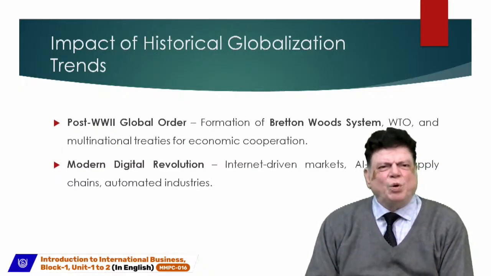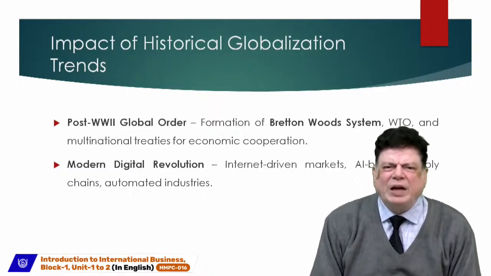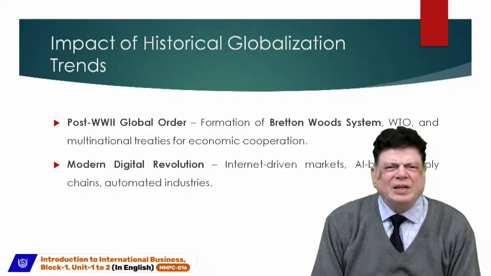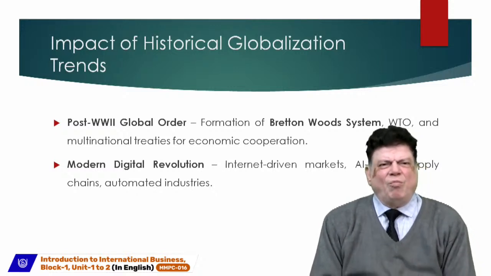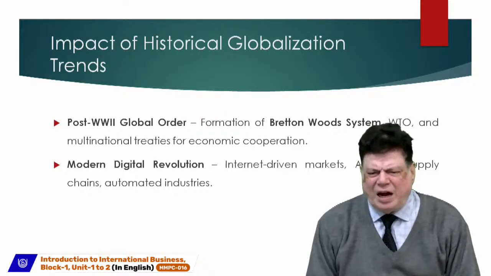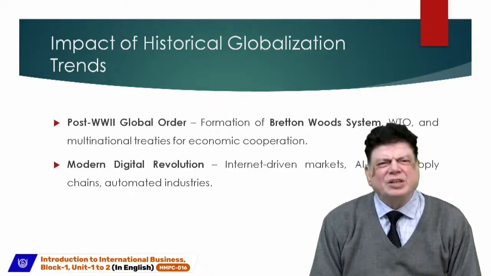Next is post World War II global order, formation of Bretton Woods system, WTO, and multinational treaties for economic cooperation. Modern digital revolution, internet-driven markets, artificial intelligence based supply chains, automated industries.